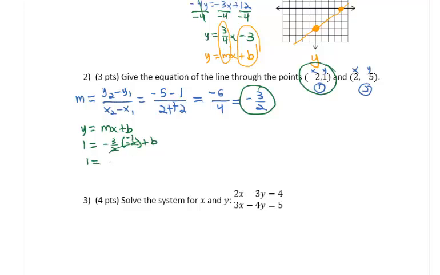So we have 1 equals negative 3 times negative 1 is positive 3 plus b. Subtract 3 from both sides. And negative 2 equals b. This means our final equation is y equals negative 3/2 x minus 2.